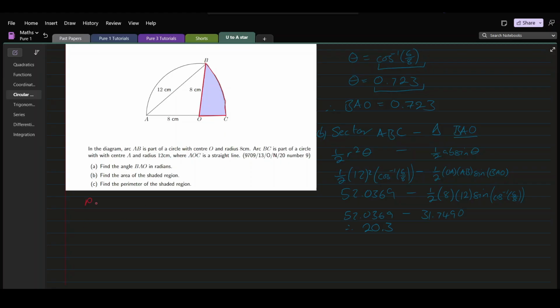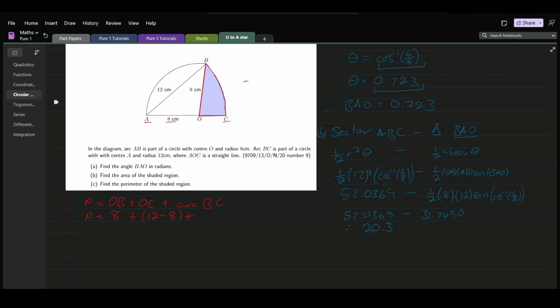So perimeter is equal to OB plus OC plus arc BC. So we know that OB is 8 centimeters, and then OC is equal to AC, which is the radius, minus this 8 centimeters. So that would be 12 minus 8 plus arc BC.